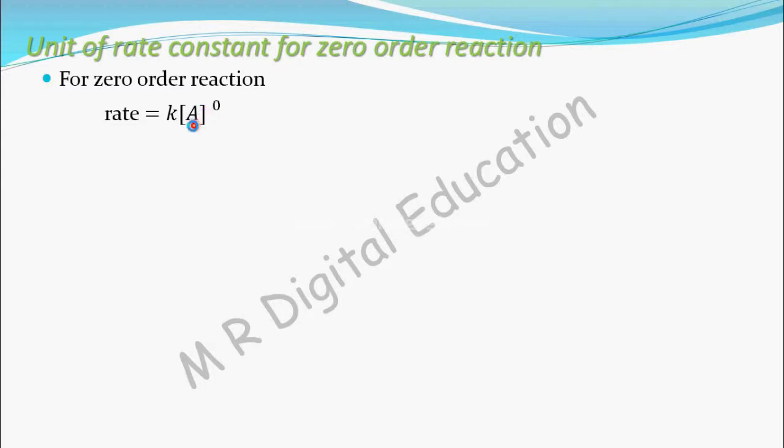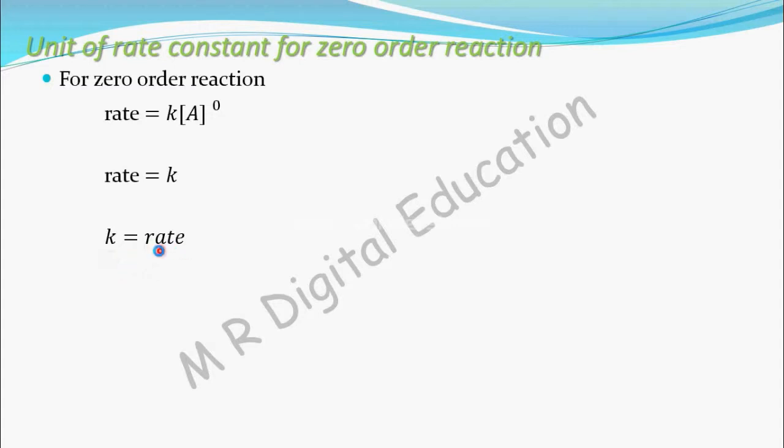Here concentration of A to the power 0 is 1, because any number to the power 0 equals 1. So now rate equals K, that is K equals rate.